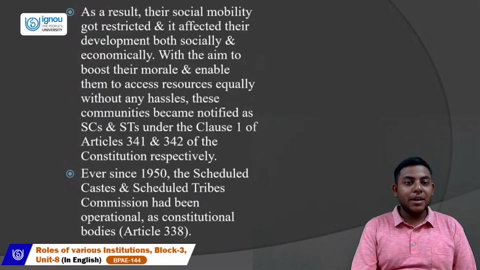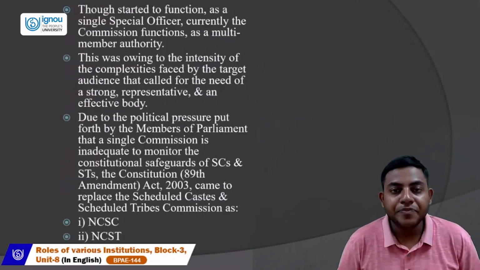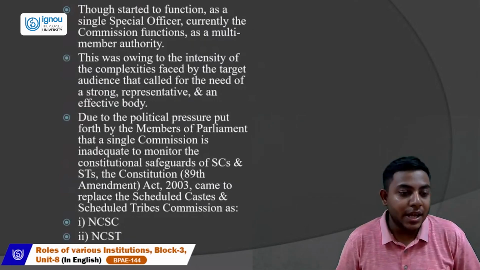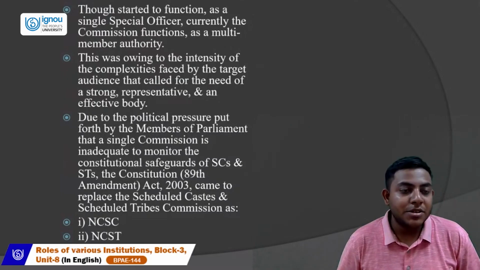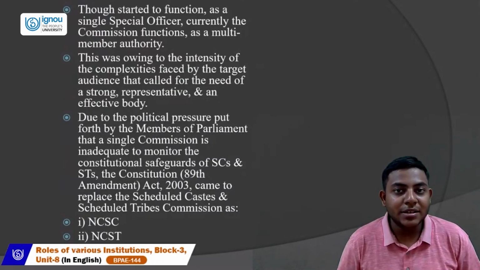However, they were later bifurcated to create Article 338 and 338A, the National Commission for Scheduled Castes and National Commission for Scheduled Tribes. And further, another commission was created by adding Article 338B, that is, the National Commission for Backward Classes. That was also created through the 103rd Constitutional Amendment.